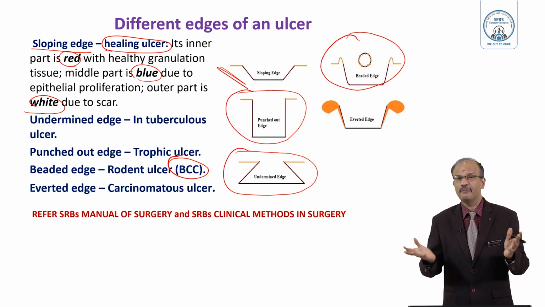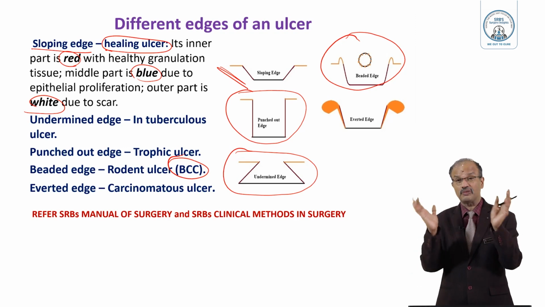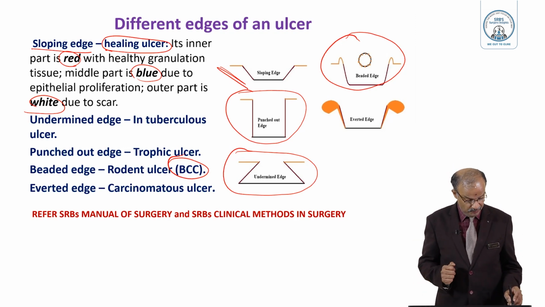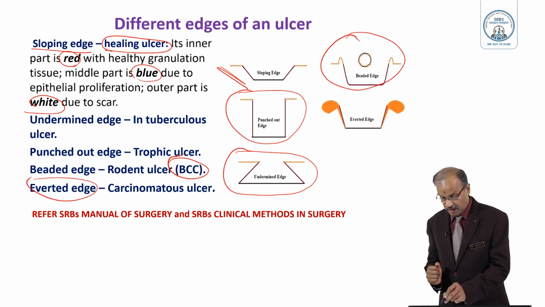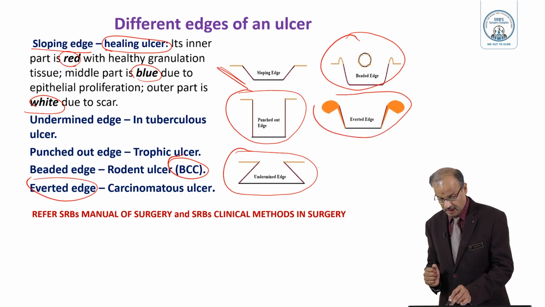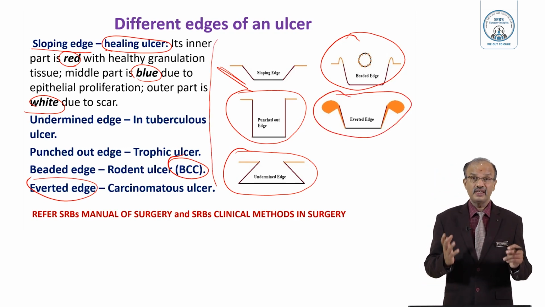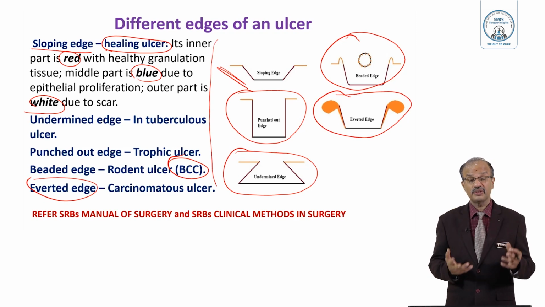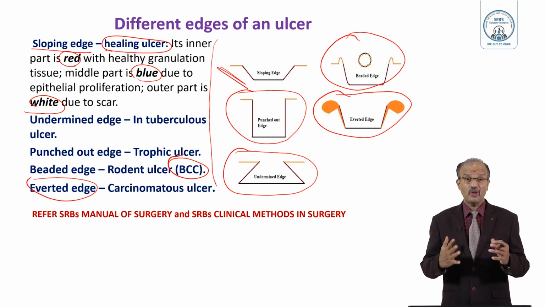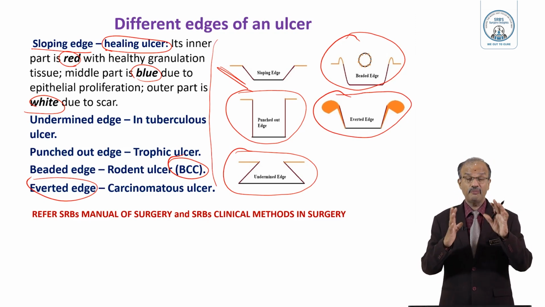Finally, it is one and the same. It is a carcinomatous ulcer, eventually with an everted edge. So this is the everted edge. This diagram is very, very useful to understand different edges, and also gives very much clinical clue to give a proper clinical diagnosis. This is a very, very important slide, remember.